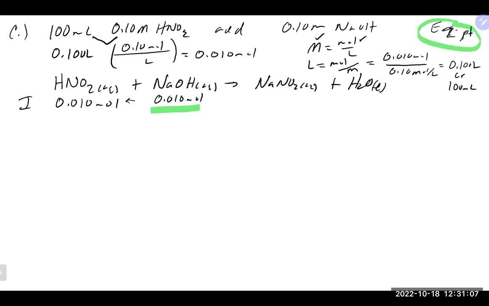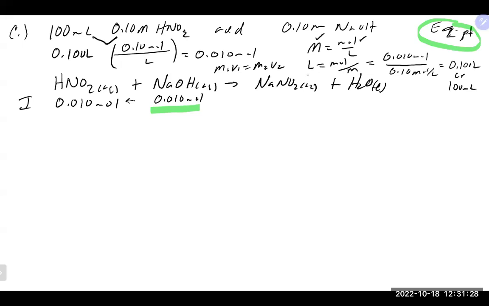The other thing you could do is M1 V1 equals M2 V2, because it's a 1-to-1 relationship, which means the stoichiometry is 1-to-1. So this will work. Once again, it will not work if it is not a 1-to-1 relationship. You actually have to do the stoichiometry calculation.